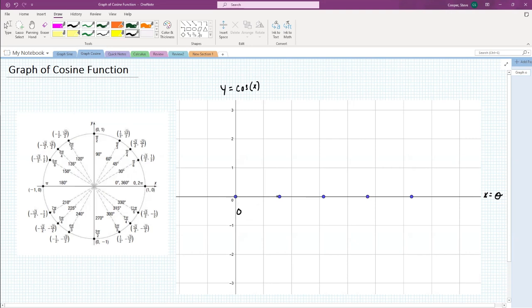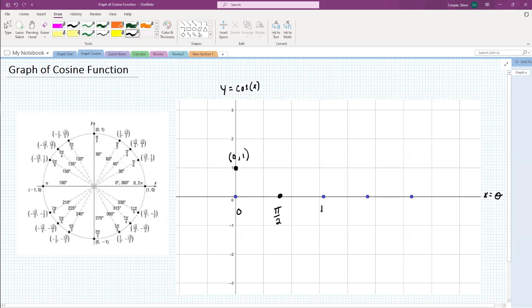So I know that for 0 radians, we're going to get a 1. So the cosine is actually going to start up here at theta 0, cosine theta 1. And down here we have pi over 2. And at pi over 2, that's where my cosine hits 0. So I know it's going to go through this.